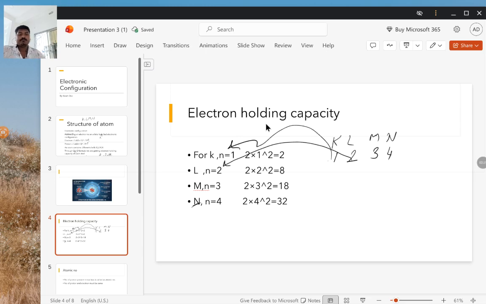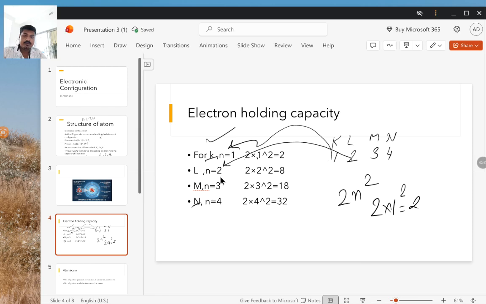Now, what is the formula? We know that it is 2n square. For K, we have to write 2 into 1 square. Why do we write 1 instead of n? Because K is the first orbital, so n will be 1. The answer will be 2.